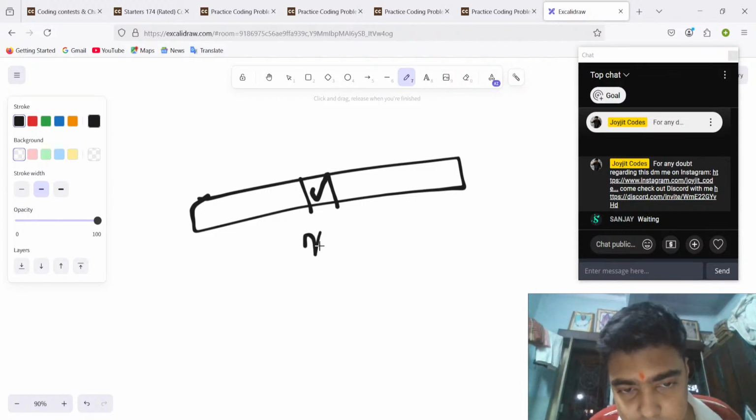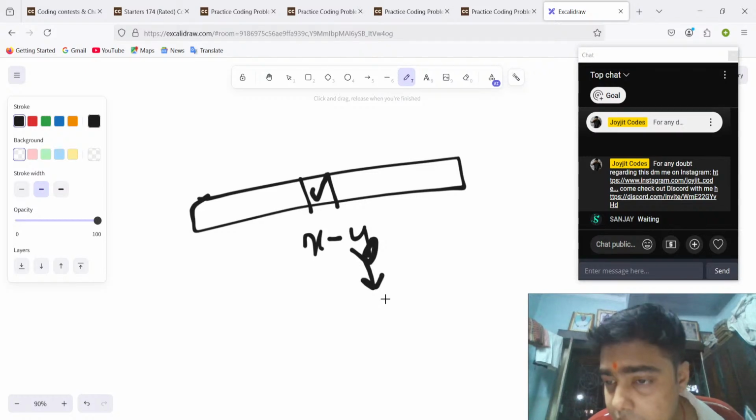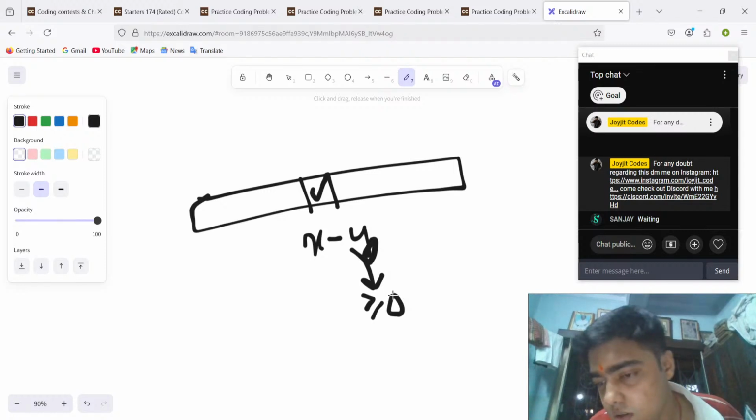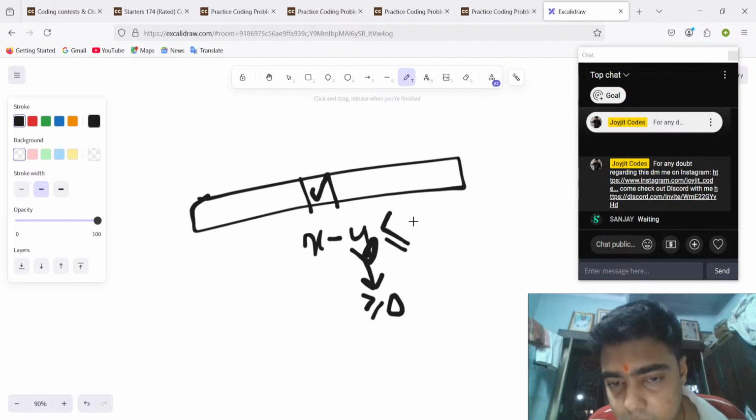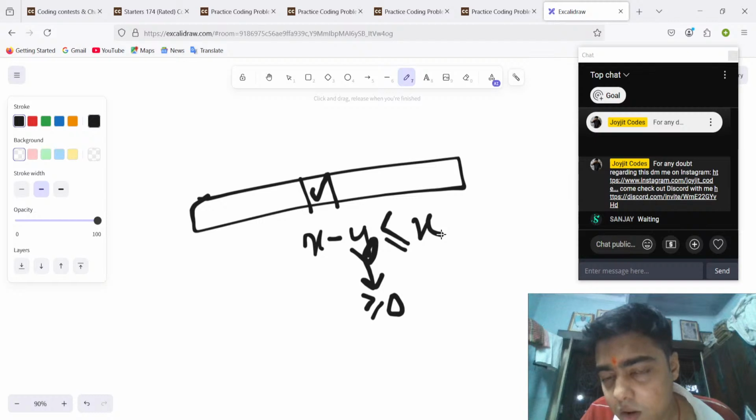Let's say I'm making x minus y, and I know that y is greater than or equal to 0, because even after reduction it is a non-negative number. So this will obviously be lesser than or equal to x, right? Even after a few reductions, it will always be lesser than or equal to x.